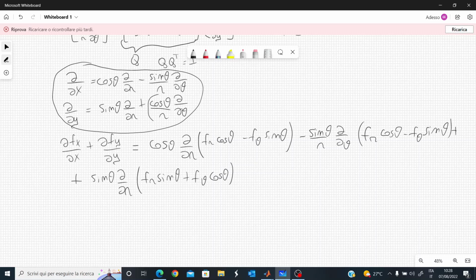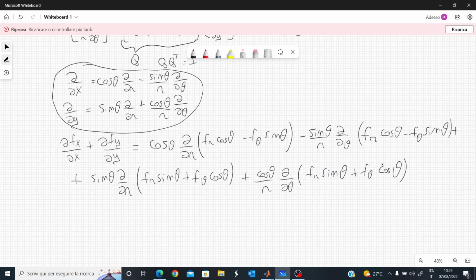And then we have this last derivative, so plus cosine theta over r d over d theta of fy, which is fr sine theta plus f theta cosine theta.